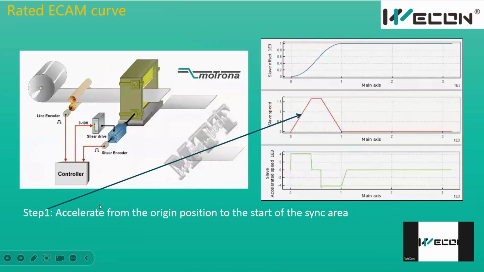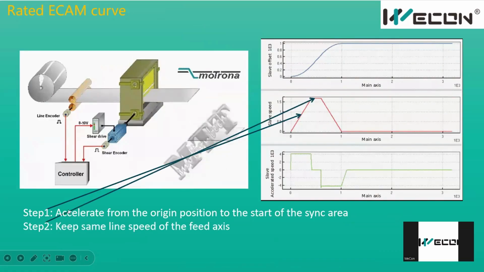Step one, the cutter will accelerate from the original position to the start point of the sync area. Step two, in the sync area, the cutter will keep the same speed with the feed axis, the same line speed.